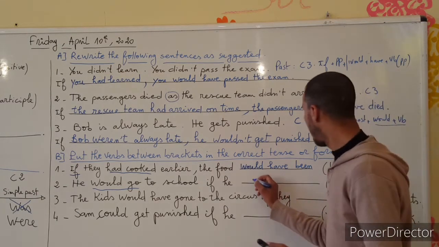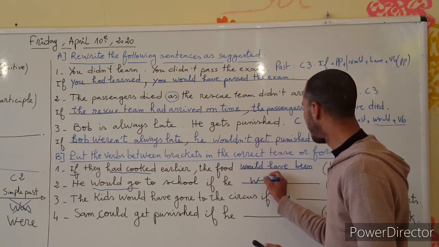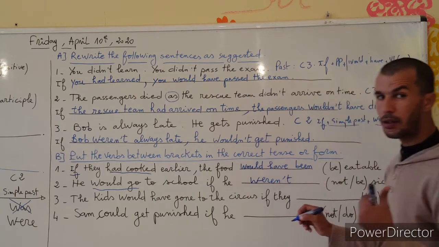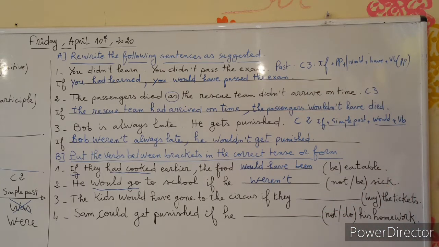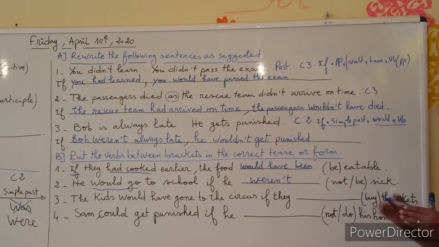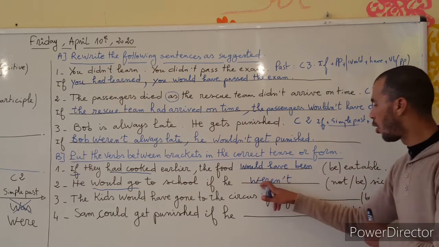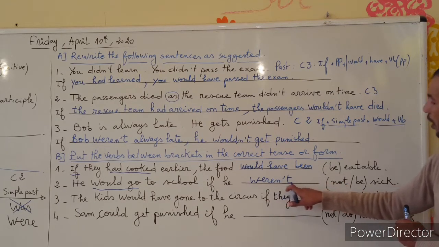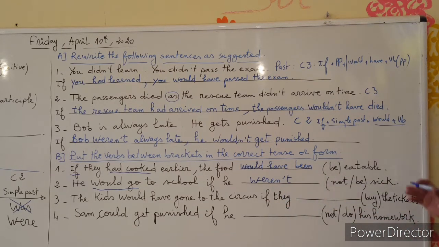Alright, we are going to say if he wasn't... no, we are not going to say wasn't. You can remember this. The verb be in the past form is was or were. But for conditional sentences, we do not write was. We write always were. But since we are given here not, we are going to say weren't, or were not, it's up to you.